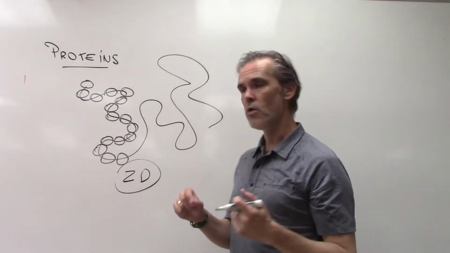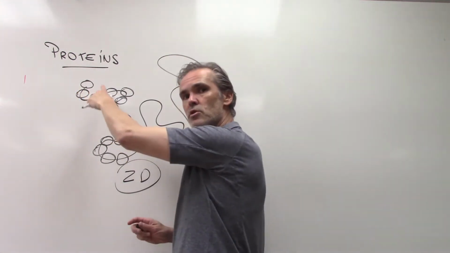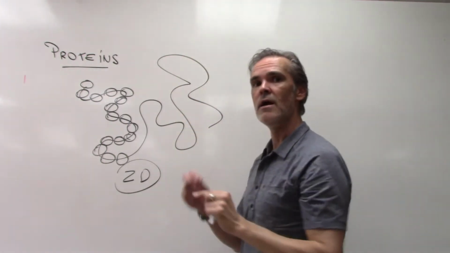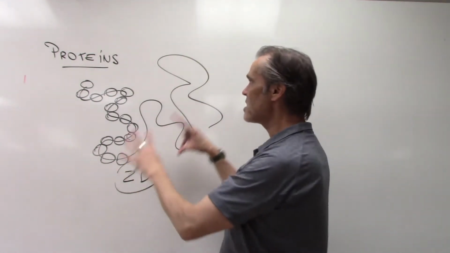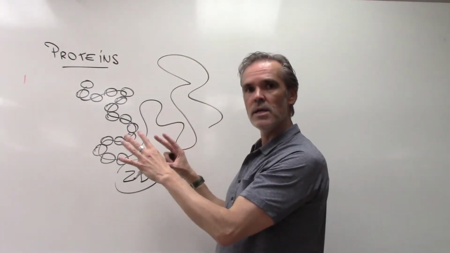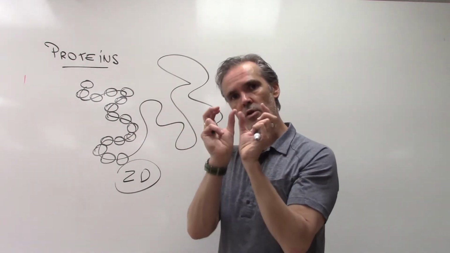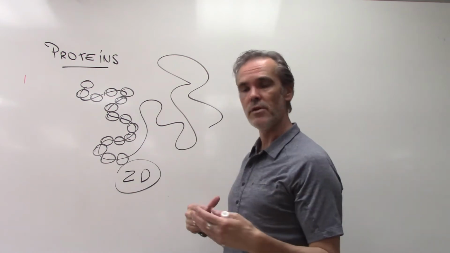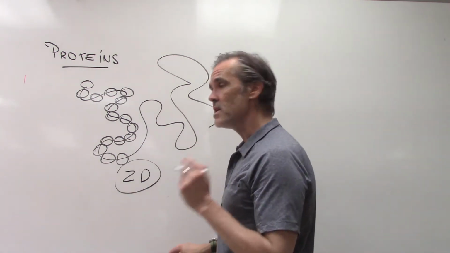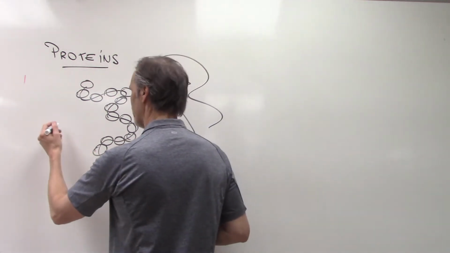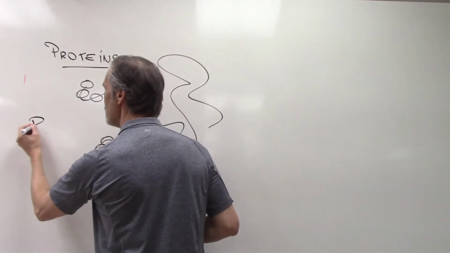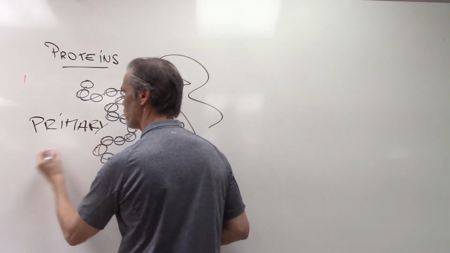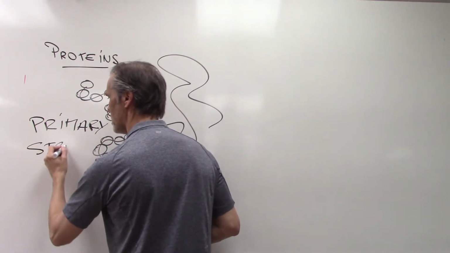But what I want to show here is that the links between every single amino acid within this string has a name. This is a structure. All the amino acids are linked with one another. This has some kind of a structure, a beginning of a structure. And this here is called the primary structure.